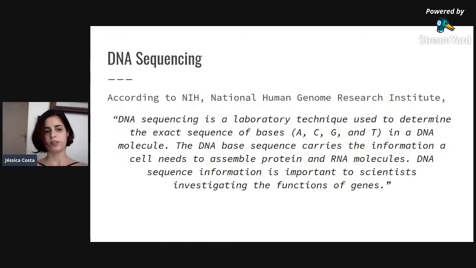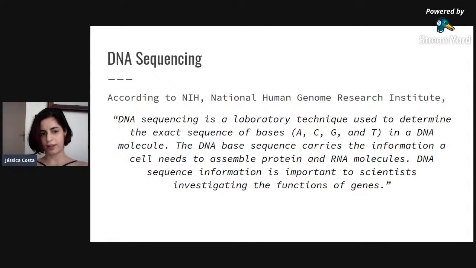So, DNA sequence. I don't know, but many people have heard about the Human Genome Project. This project is so important to science because it sequenced all the genes of humans, human genes.